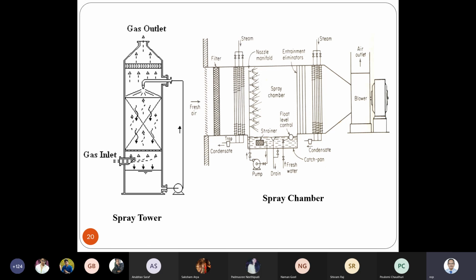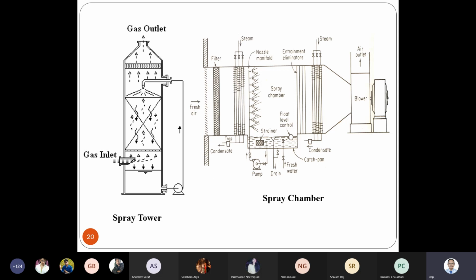As the liquid is spread in the form of droplets, there is a high chance that the gas coming out will contain small amounts of liquid droplets. Those entrained droplets are generally arrested using this demister pad, called the entrainment eliminator. A wire mesh or some kind of arrangement is used here to arrest the liquid droplets carried away by the outgoing gas.